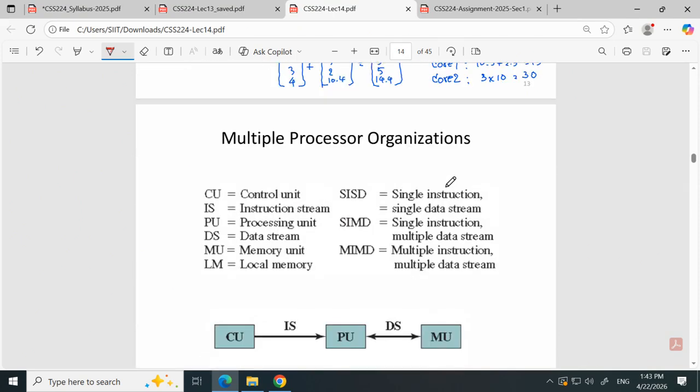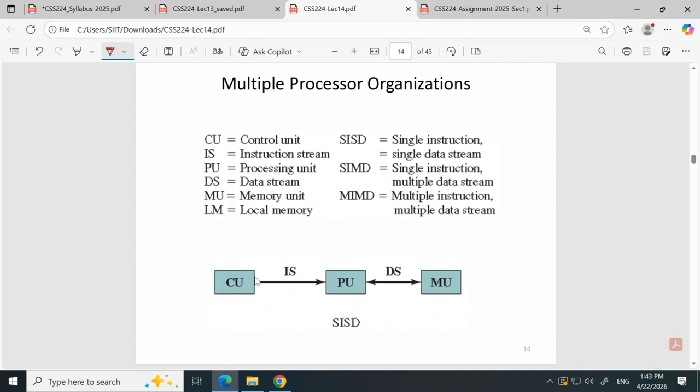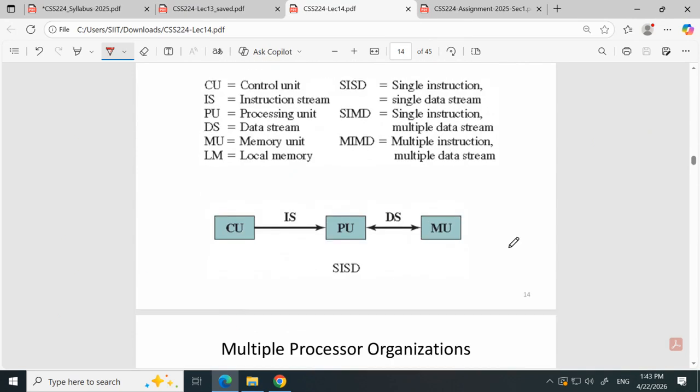From now, we talk about MIMD. Oh, sorry. The first one is SISD. CU, the control unit, one of the 5 basic components, remember? PU or ALU, processing unit. MU, the memory unit, also one of the 5 basic components.